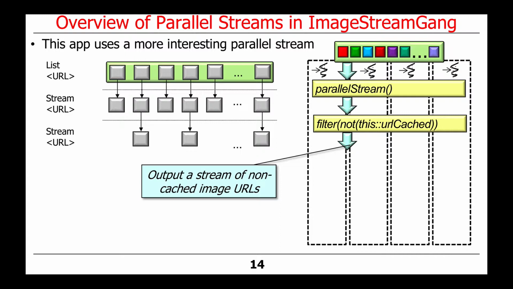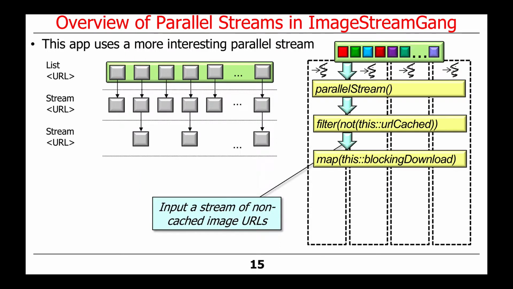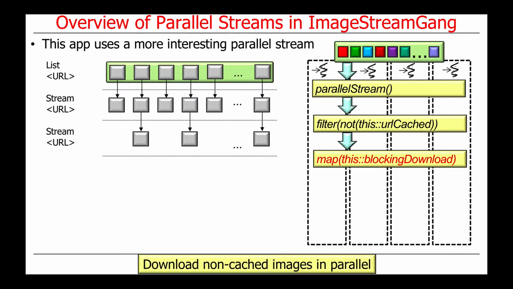So there may be fewer coming out of that filter phase in the pipeline, depending on whether things have been downloaded before. That stream of non-cached image URLs is then passed on to the next stage in the pipeline, which in this case is the map intermediate operation.